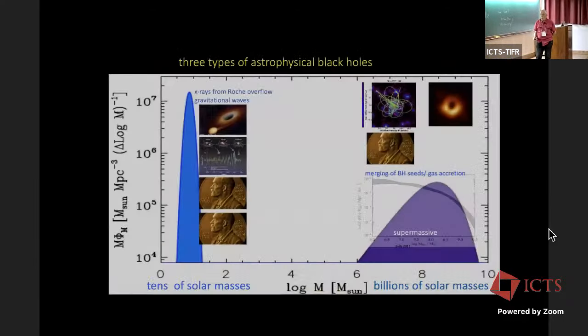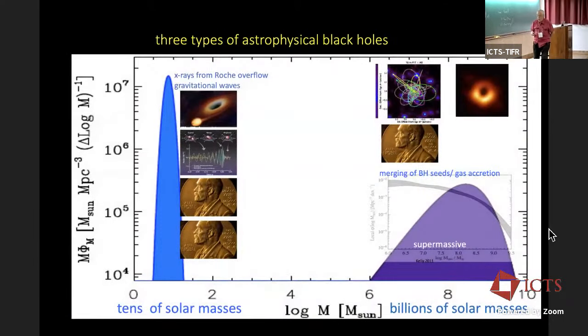Okay, so here is the distribution of the black holes that we've really measured very well so far. On the astrophysical side, that is the black holes that are formed from stars and merged together.